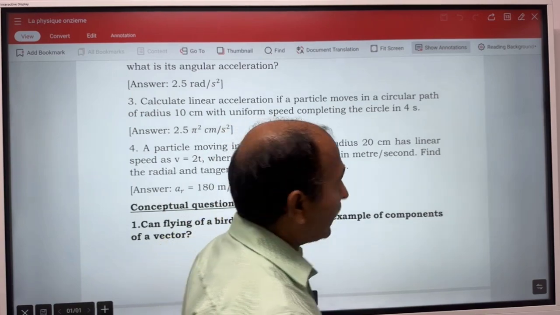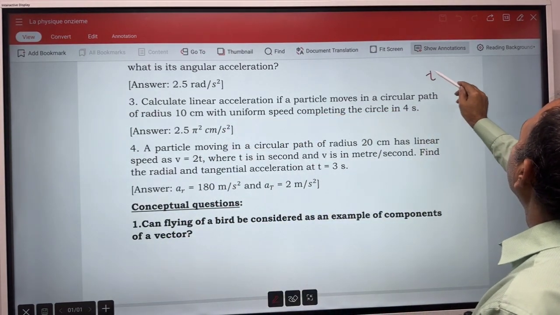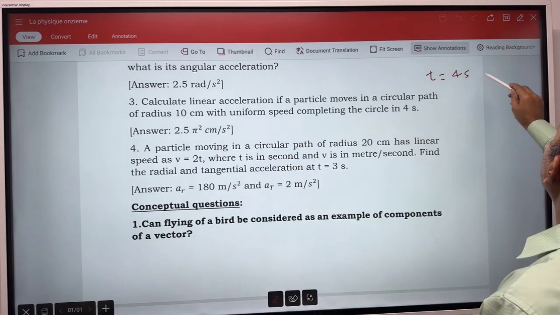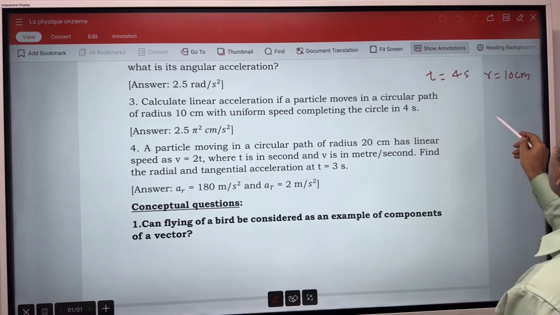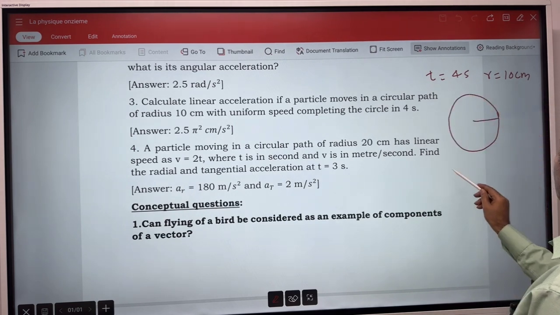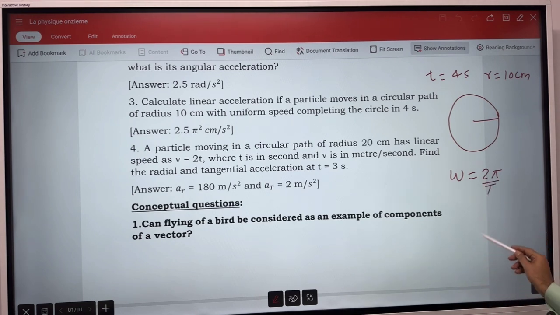Let's try. First of all, information given is time is 4 seconds and radius is given R equal to 10 centimeter. Circular path, omega equal to 2 pi upon time period. So here we can get omega.